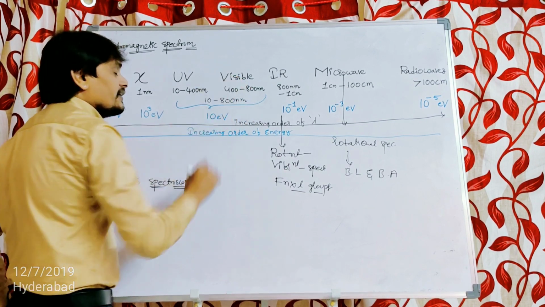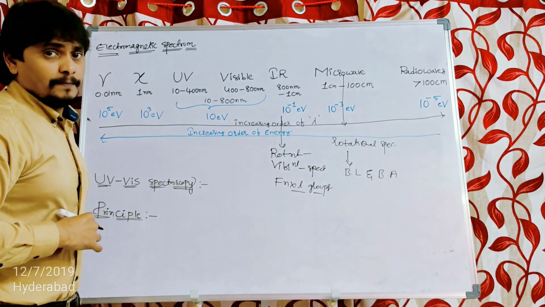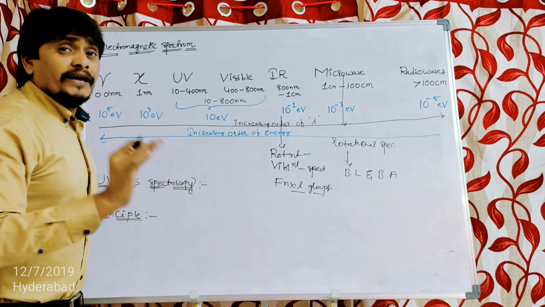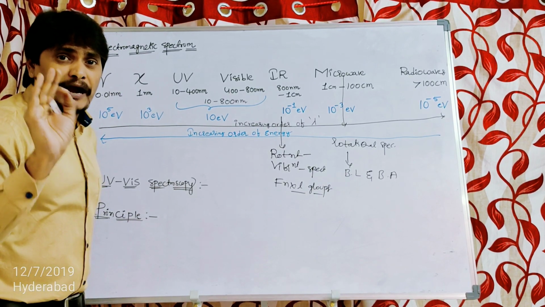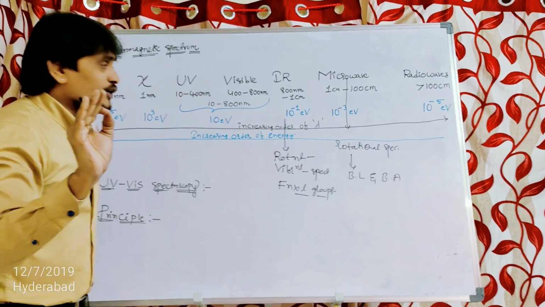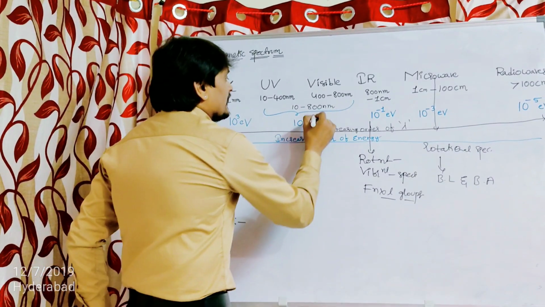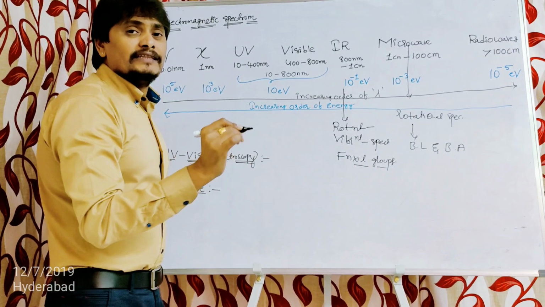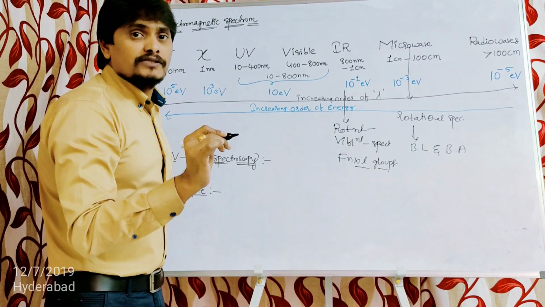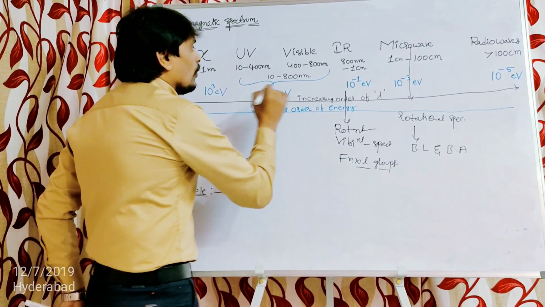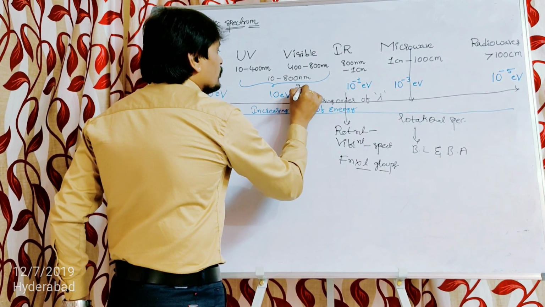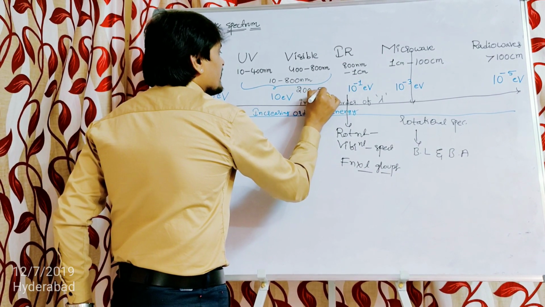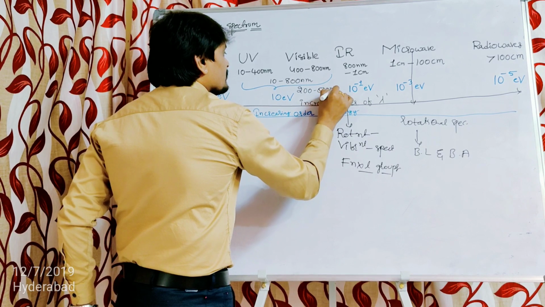But for recording the UV visible spectra, 10 to 800 nanometers wavelength is not used. Only the wavelength in the range of 200 to 800 nanometers is being used.